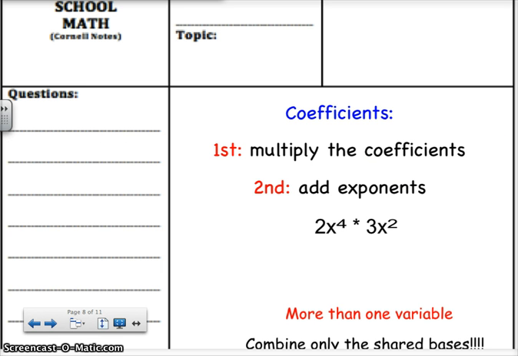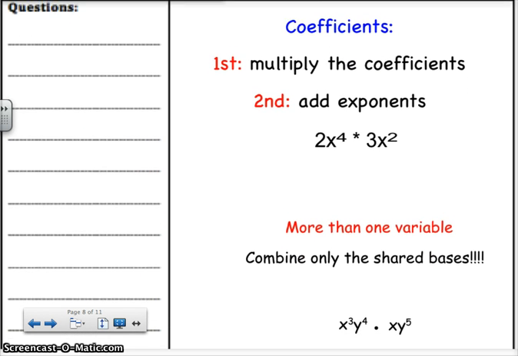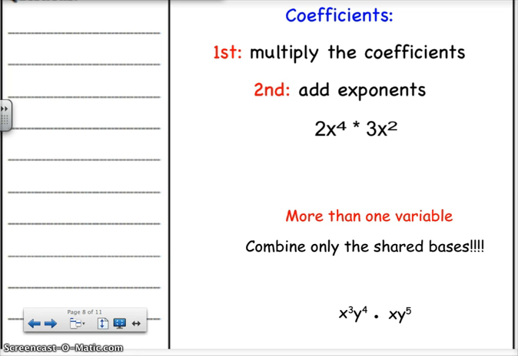We're going to bump it up a step by throwing coefficients in there. With coefficients, all you do is just multiply the coefficients, okay? Coefficients, you can just multiply them together. And then you add the exponent. So, what I mean by that, 2x to the 4th times 3x squared, write it exactly how I'm writing it, is equal to 2 times 3x to the, now they're the same base, so I can just add them.